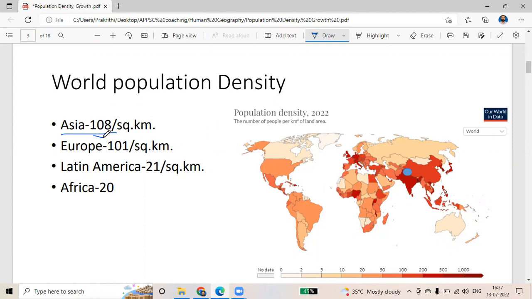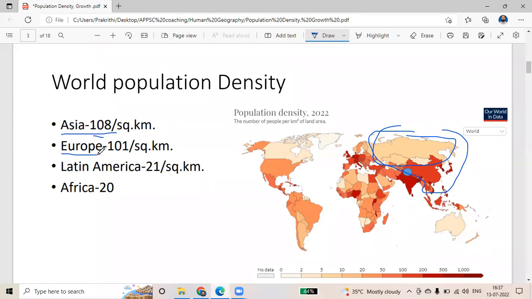How it is possible? If you look at this picture, you can see there are many areas where the population density is comparatively less. That's why. And the second population density comes for Europe. तो इसमें यूरोप में आएगा 5 to 10% of the population ही है, उतना कम है.